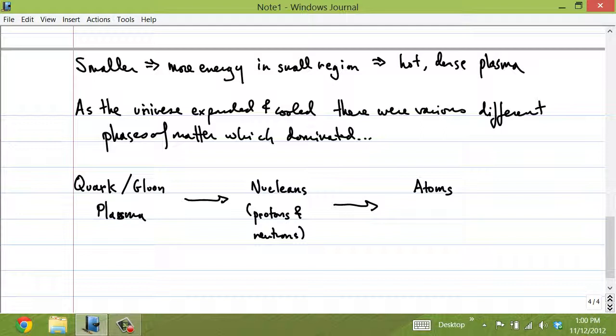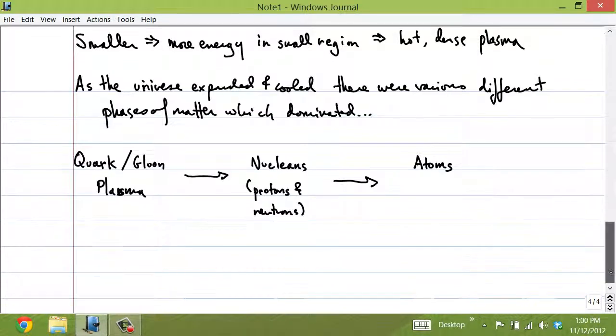So in the study of cosmology, we typically give special names to these transitions. So we call this the confinement transition. So previously, quarks and gluons were free to propagate around.